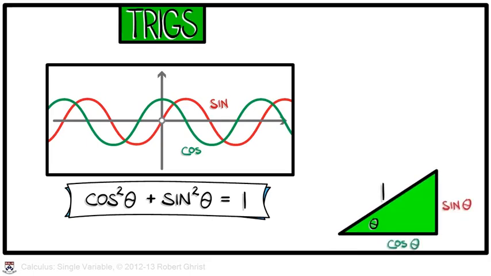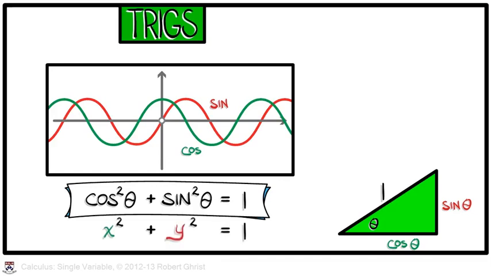You've seen the interpretation involving a right triangle with hypotenuse equal to 1 and with angle set to theta. Then, in this case, the sine of theta is the length of the opposite edge to theta, and the cosine of theta is the length of the adjacent edge.